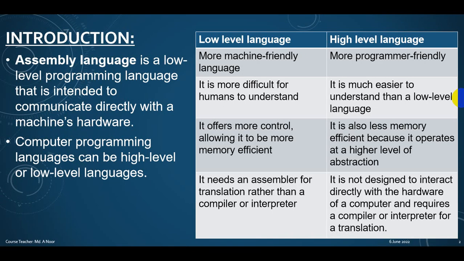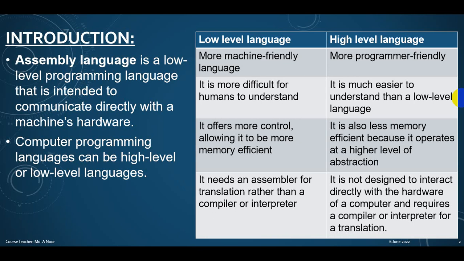The low-level language is more machine-friendly, right? We can directly talk with the machine with the low-level language. And what is the high-level language? More programmer-friendly. You can easily write the program with less difficulty. Now, low-level language is more difficult for humans to understand, right? And high-level language is much easier to understand than low-level language.